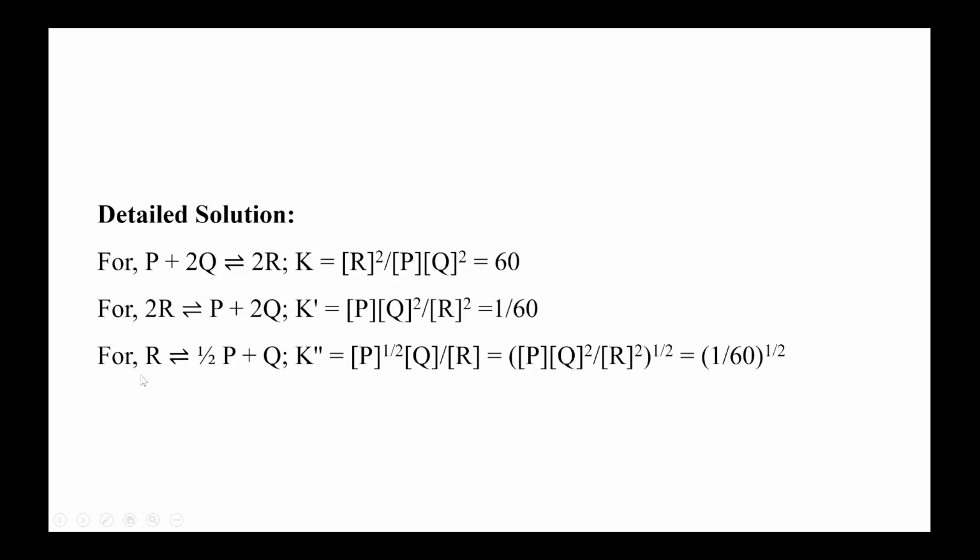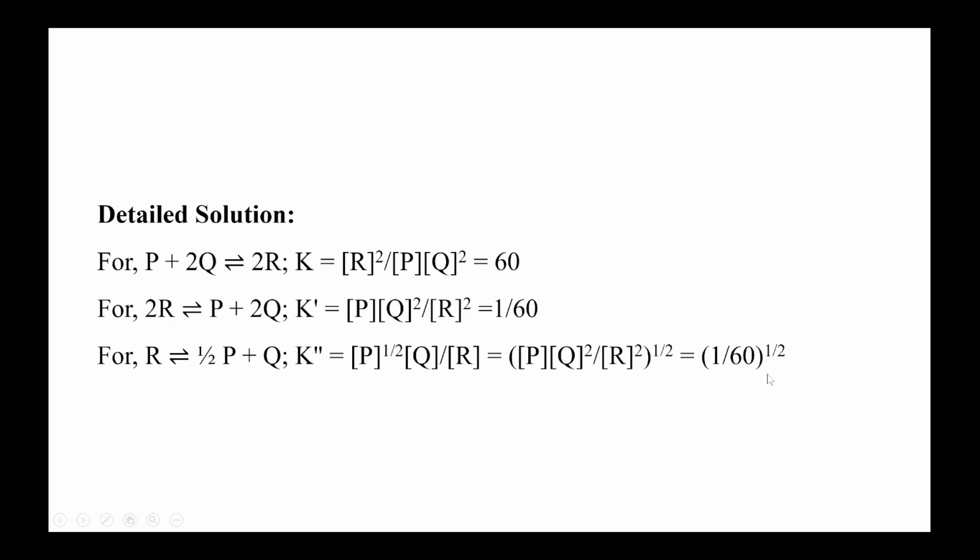Now the reaction that is asked in the question is R goes to half P plus Q. So the equilibrium constant for this will be P raised to the power of half multiplied by Q divided by the concentration of R. Now, if you take the square root of the second equation, P into Q square by R square, you will get P raised to the power of half into Q, because the square root of Q square is Q, divided by R, since the square root of R square is R. So basically, the reaction asked in the question will have the square root of the equilibrium constant of the second reaction.